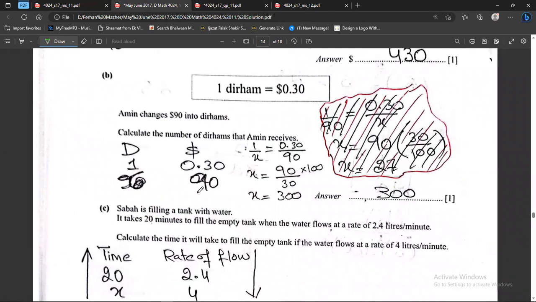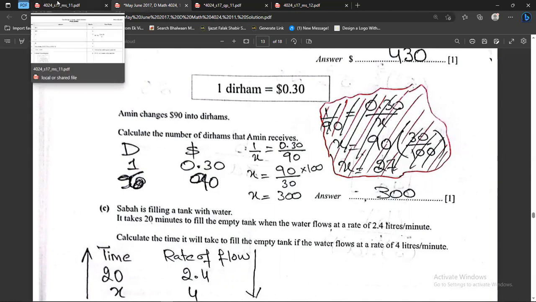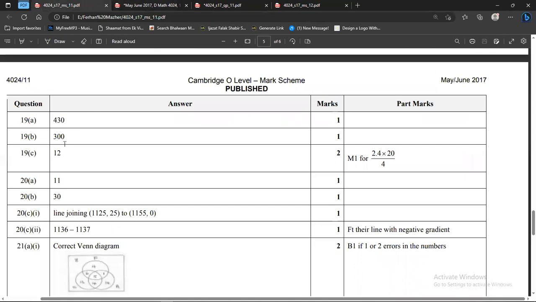So if you have $90, how many dirhams? Okay, so it will be 1 by x equals to 0.30 divided by 90. So x will be equals to 90 divided by 0.30, and the x will be equals to 300. So $90 will be equals to 300 dirhams. 300 is the right answer, sir.